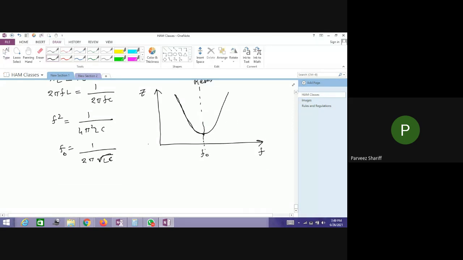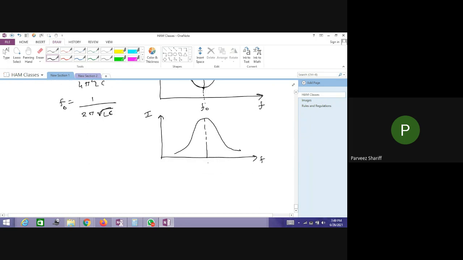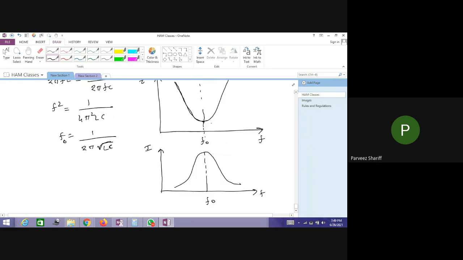Whenever this impedance is minimum, if we draw a current chart, at this particular frequency the current will be maximum. This is the current I with respect to the frequency. At the same F naught frequency, the current is maximum.